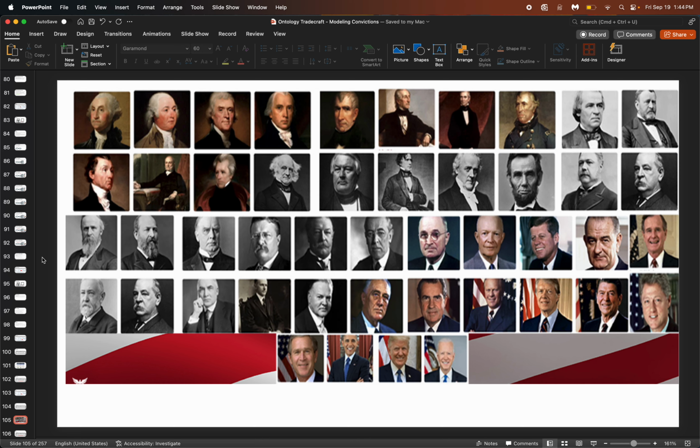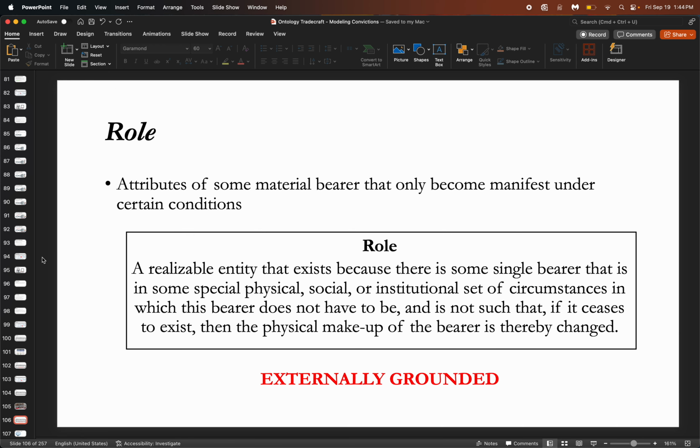When occupying the presidency, the role gives you new powers, but nothing physically about you changes if you gain or lose it. You can just do new things. In this respect, that break between the physical basis and the abilities, we say for roles, they are externally grounded. It's more about the combination of the bearer of the role in an institutional, social, or physical context that grounds what the bearer can do.